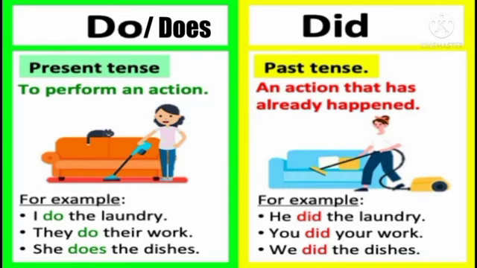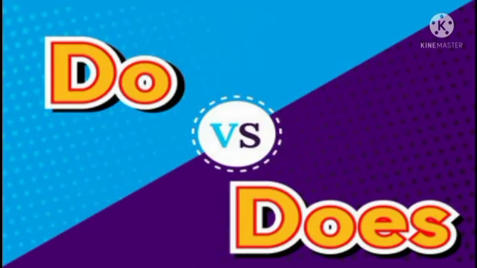Now, what is the difference between do and does? We have already said that do and does are used in present tense. Then what will be the difference? Let us see.